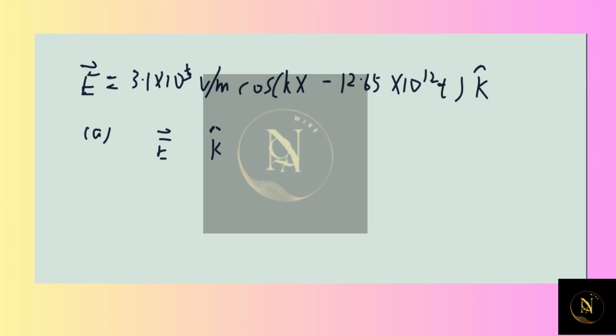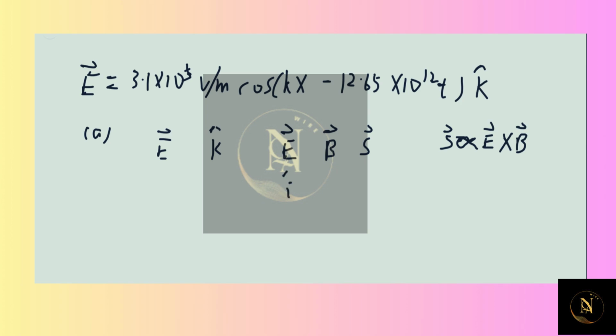We have three vectors in the electromagnetic wave: the E vector, the B vector, and the S vector. The S vector is the Poynting vector, and it is proportional to E cross B. These three vectors are perpendicular to each other, and their directions follow a cyclic rule.